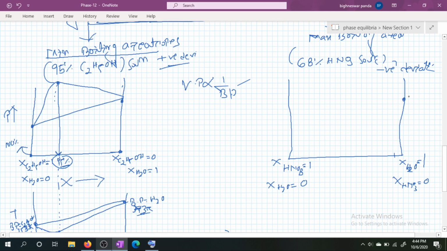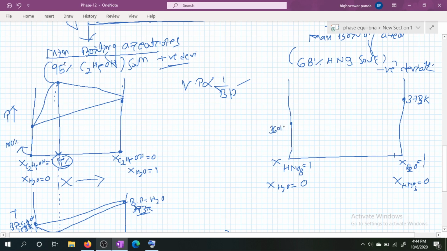Water has a boiling point of 373, and HNO3 has a boiling point below that.